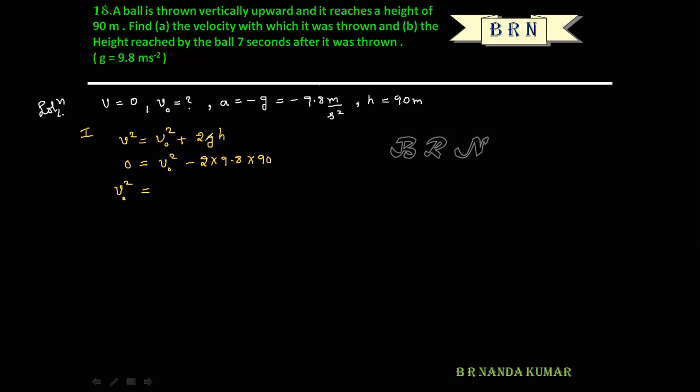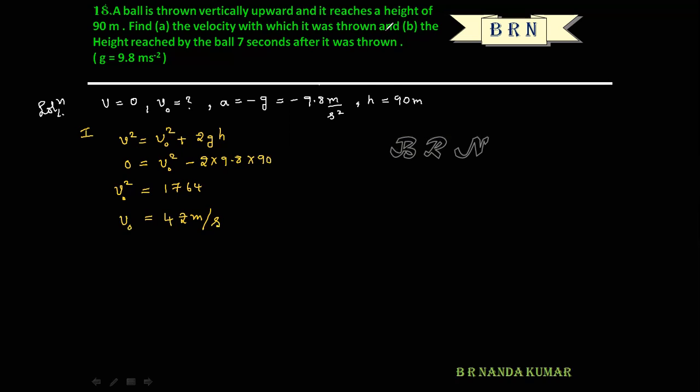So the value is 1,764. Now square root on both sides. So V naught is equal to root 1,764, that is 42. This is 42 meter per second. Okay. So this is the first part.